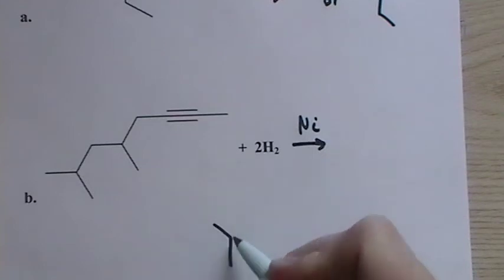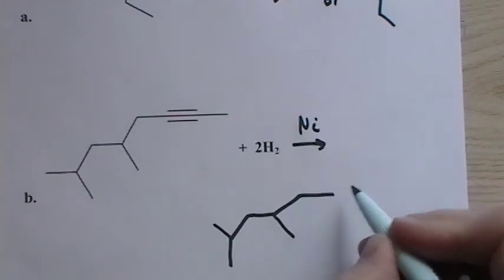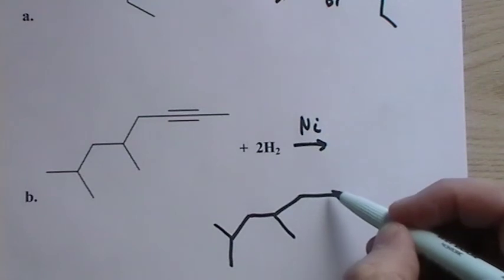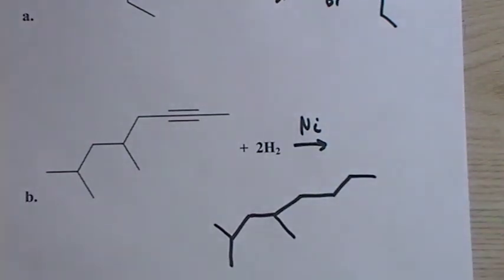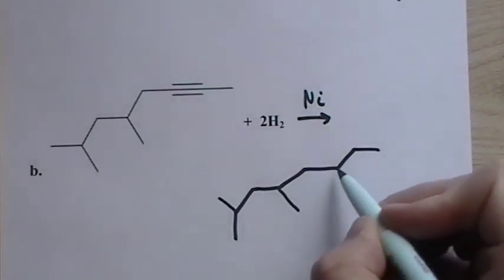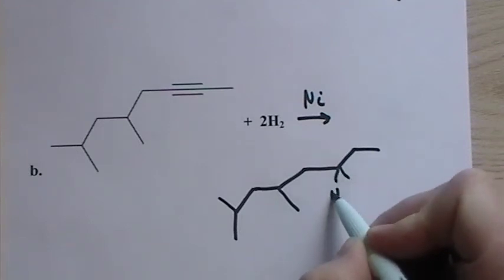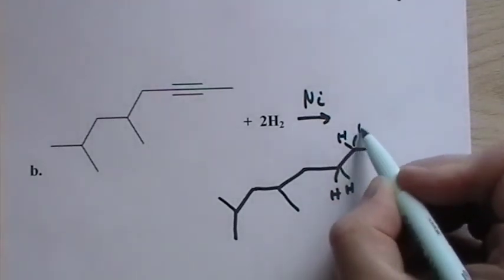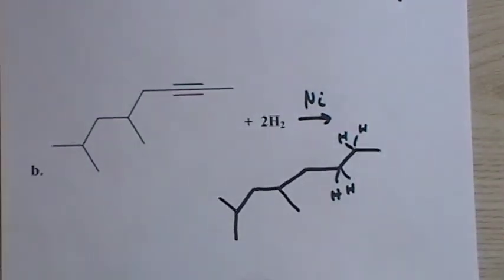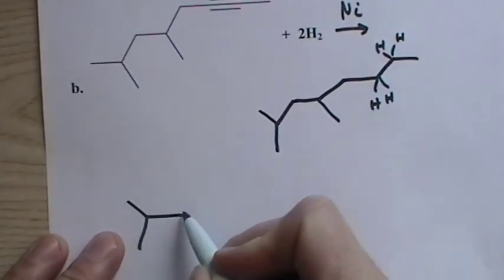So let me rewrite this here. Where are we? We have this, 1, 2, 3. We could just leave it like that, because we've just added the hydrogens across, or we could show all the hydrogens if you wanted. Yep, that would be it. And I want to finish up a thought here.